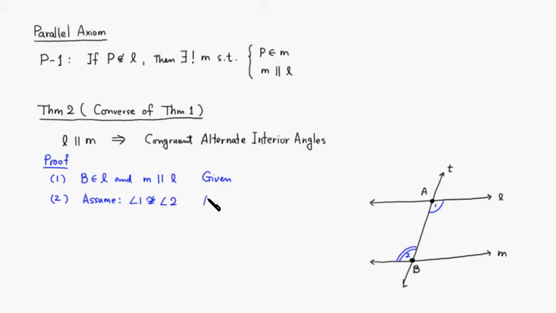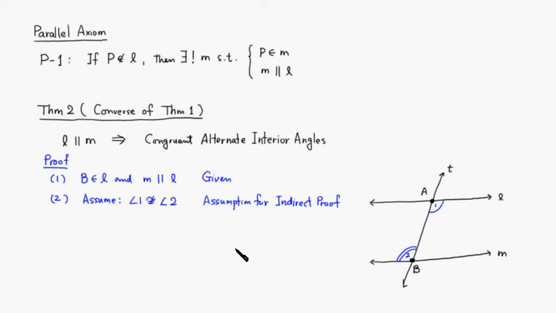So this is just the assumption for an indirect proof.